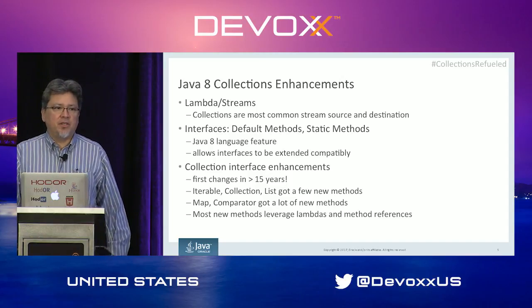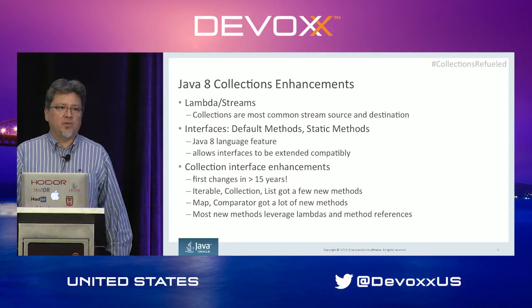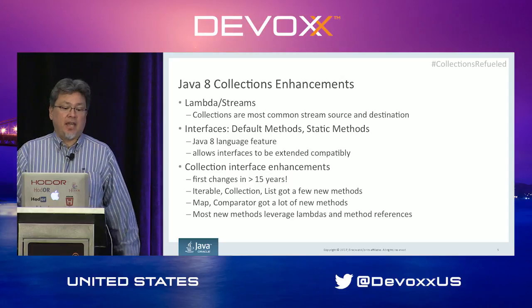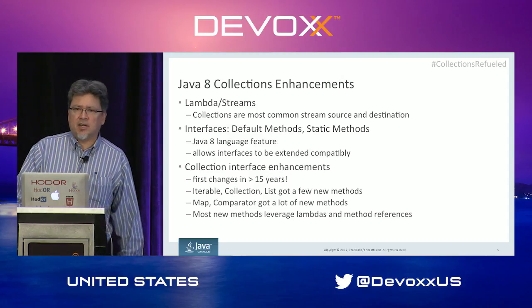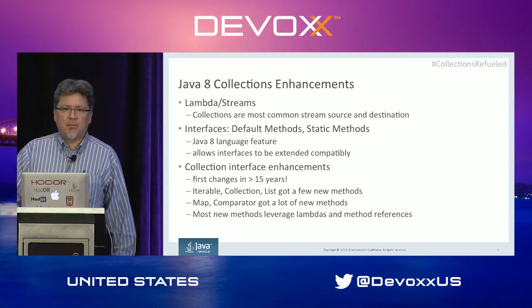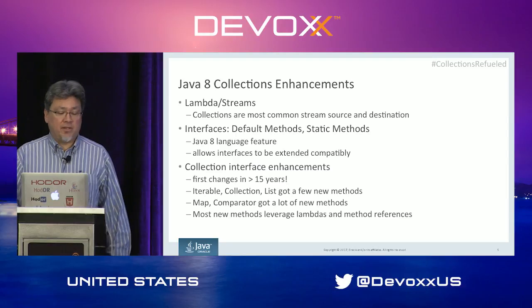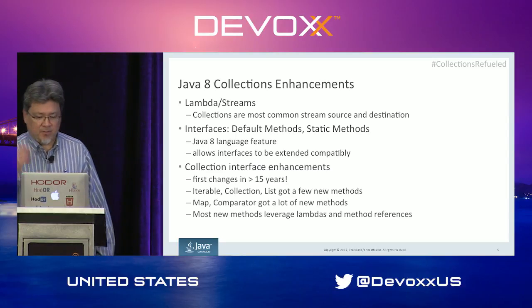In Java 8, with the addition of default methods, it's now possible to add methods to interfaces, and we went ahead and did so. Iterable, Collection, and List got a few new methods. Map and Comparator I'm going to spend a little more time on because they got quite a number of new methods. And the interesting thing about this, well, a bunch of interesting things.